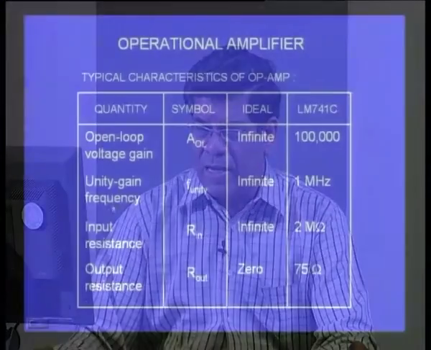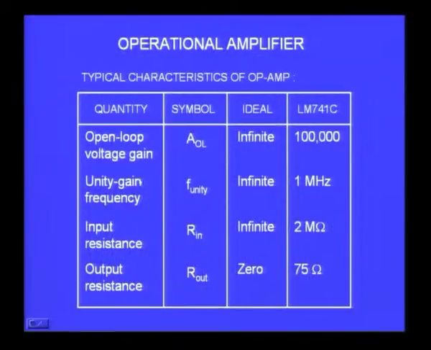When you look at the bandwidth, the unity gain frequency bandwidth, you find the ideal operational amplifier will have infinite bandwidth. That means from all frequencies from 0, that is DC, to very high frequencies, it will have the same gain without any drop, whereas in the case of a typical 741, it is about 1 megahertz.